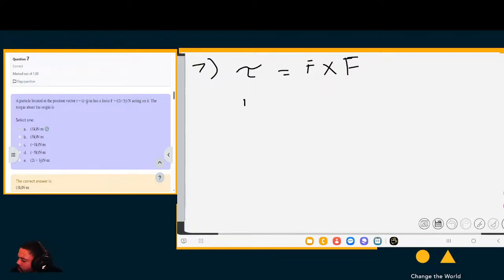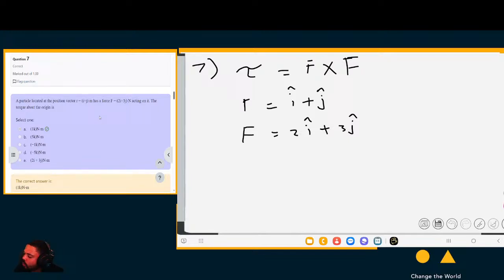So the position is 1 i hat plus 1 j hat. I keep forgetting the hat part. While the force is equal to 2 i hat plus 3 j hat.